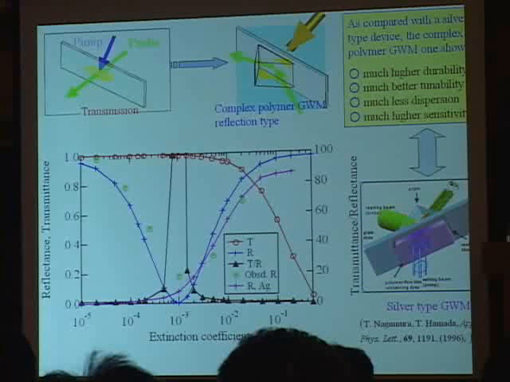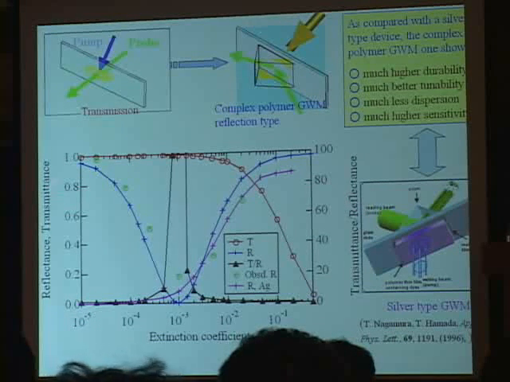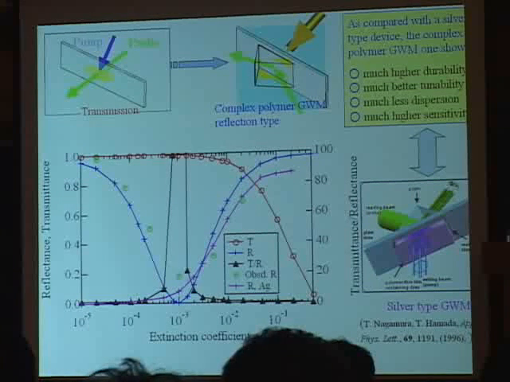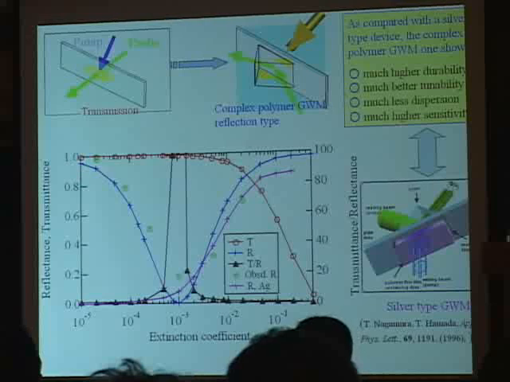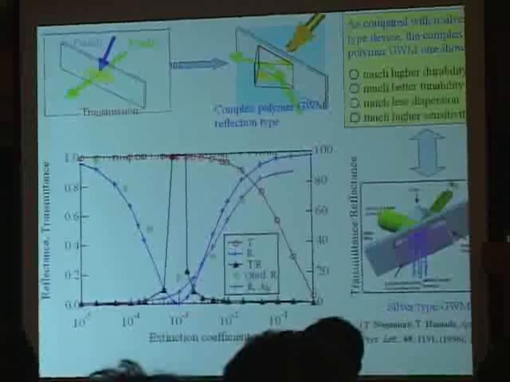But for the two polymer layer type or low refractive index type, first at very low or no absorption, the reflectance is 1. Okay, which means total reflectance. A bright light comes from here, but it decreases very sharply at a very low level of extinction coefficient, and it becomes minimum, almost 0.